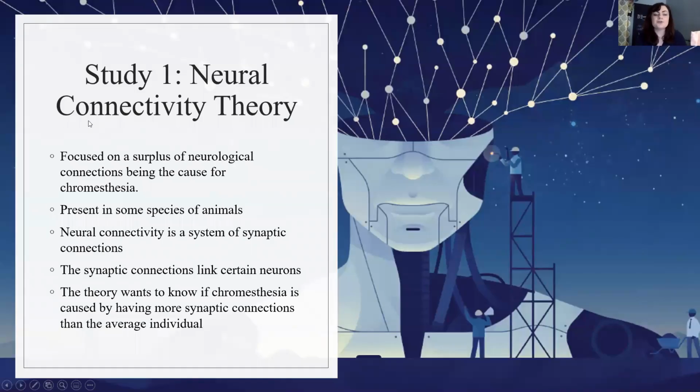Study 1, the neural connectivity theory, focused on a surplus of neurological connections being the cause for chromesthesia. This is present in some species of animals. Neural connectivity is a system of synaptic connections that link certain neurons. The theory wanted to know if chromesthesia is caused by having more synaptic connections than the average individual.